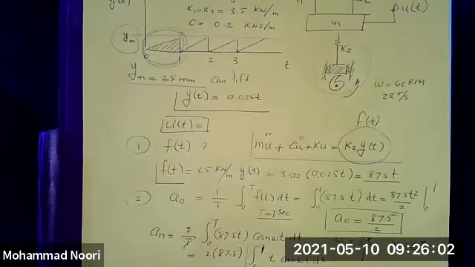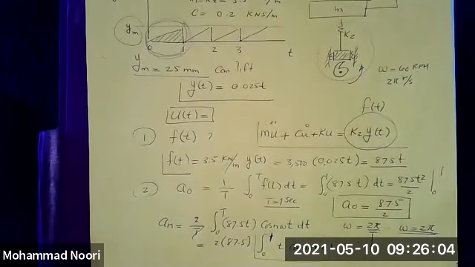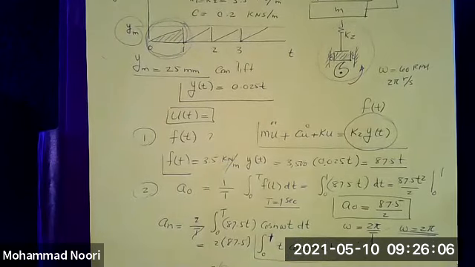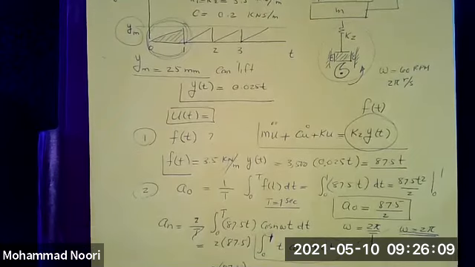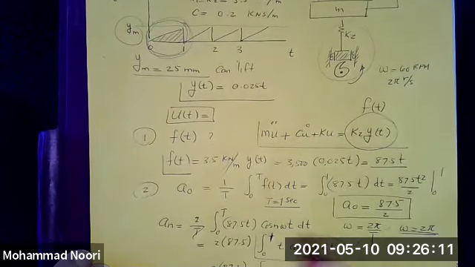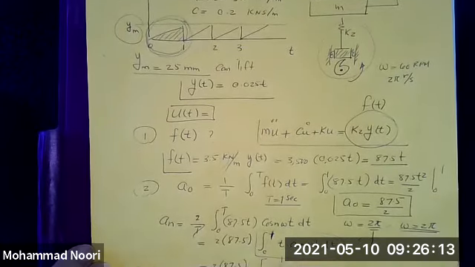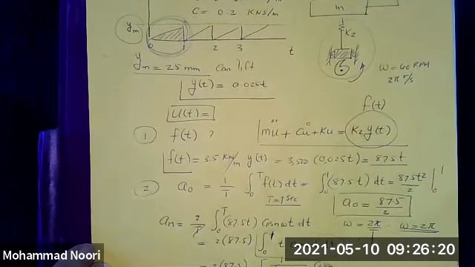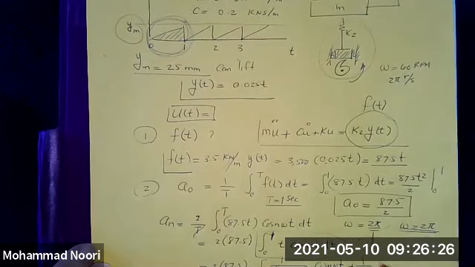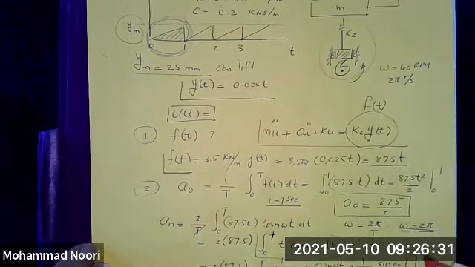So you can look up the integral tables, and you see that this would be 2 times 87.5. The result of this integration would be 1 over n omega squared cosine n omega t plus 1 over n omega sine n omega t evaluated from 0 to 1.